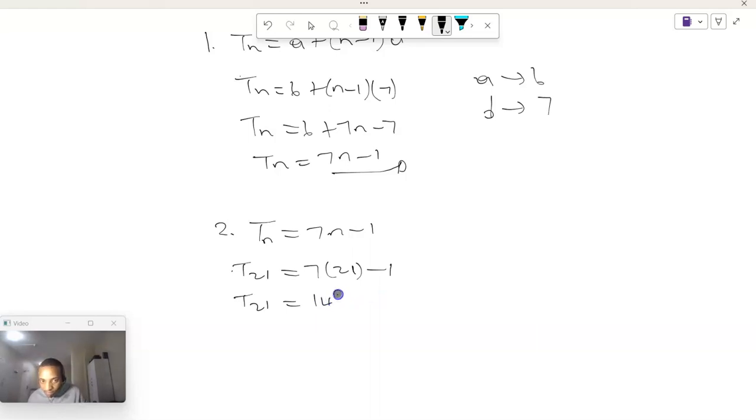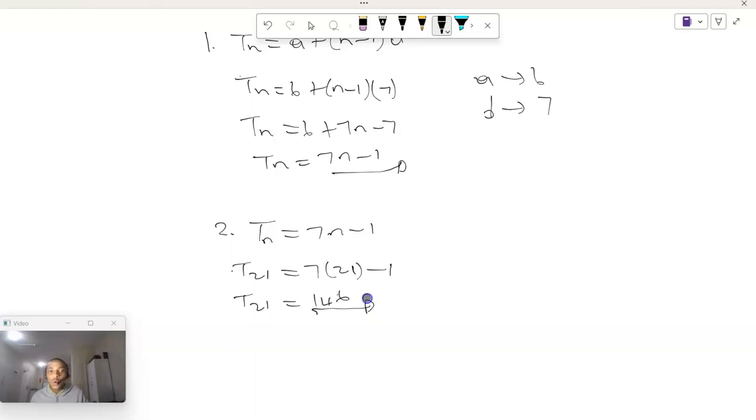So it's 7 times 21 minus 1, which is 146. So this is the value of our 21st term.